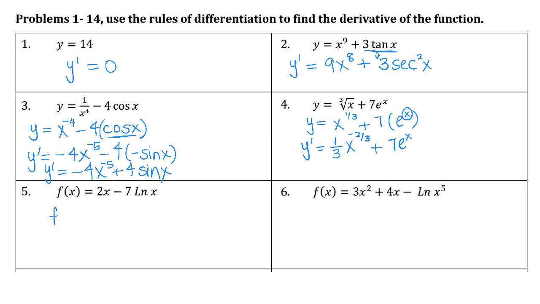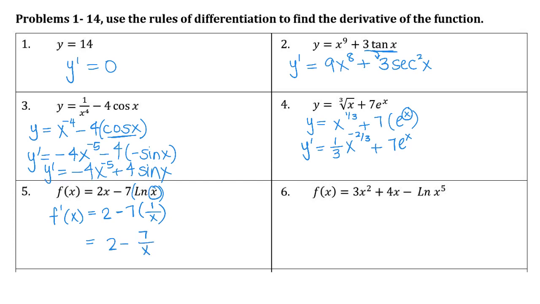So number 5, f prime at x equals derivative of 2x is 2 minus, and again, think of this as 7 times the natural log of x. So 7 times that derivative. This is stuff prime over stuff. And you can rewrite that to be 2 minus 7 over x if you want to.